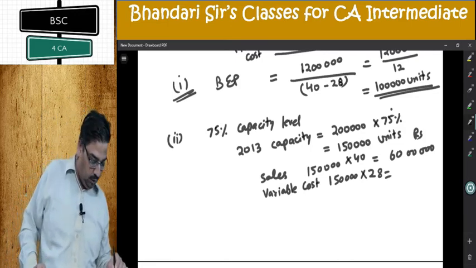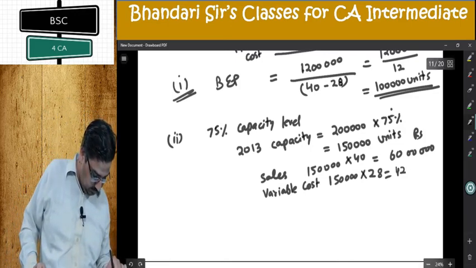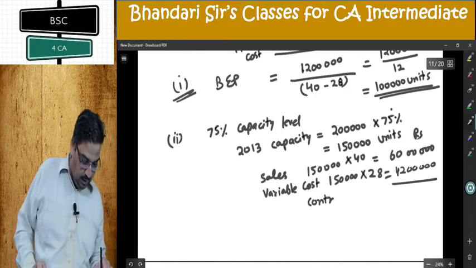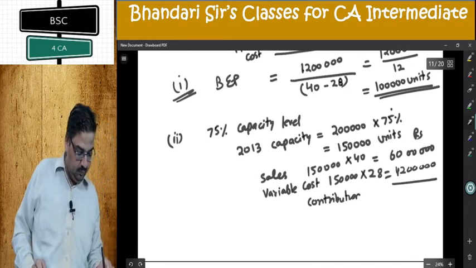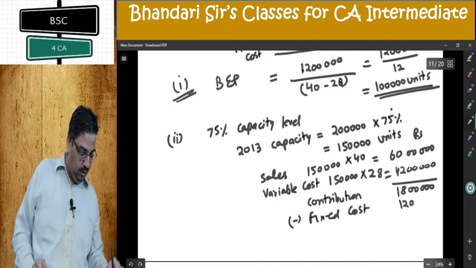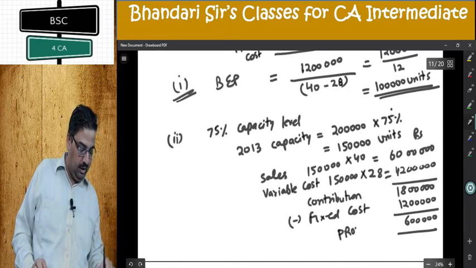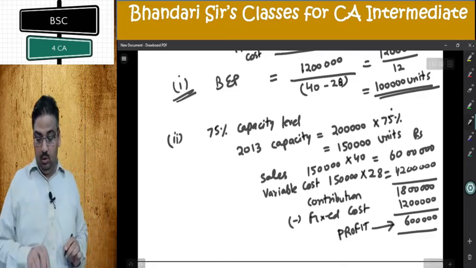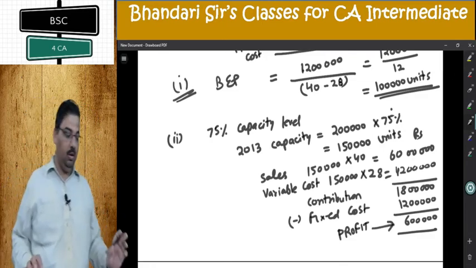It makes 42 lakh. So contribution I am getting 18 lakh, minus fixed cost. We computed 12 lakh. So 6 lakh is expected to be profit in the year 2013. So 6 lakh rupees is the answer of this part.